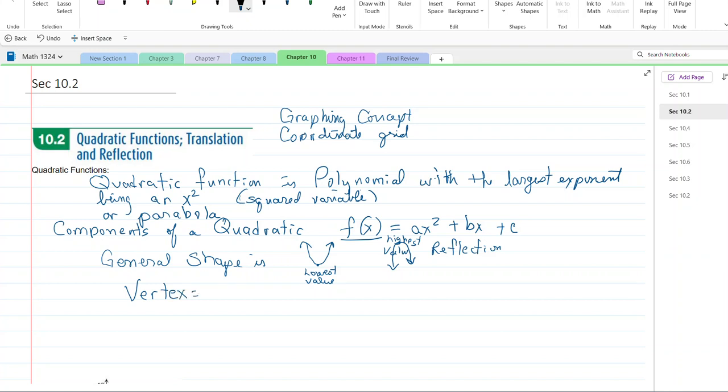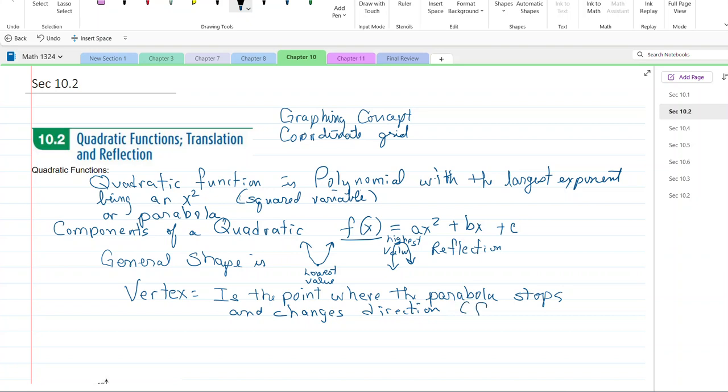Okay, so the vertex is the point where the parabola stops and changes directions. Okay, so it's a pause.